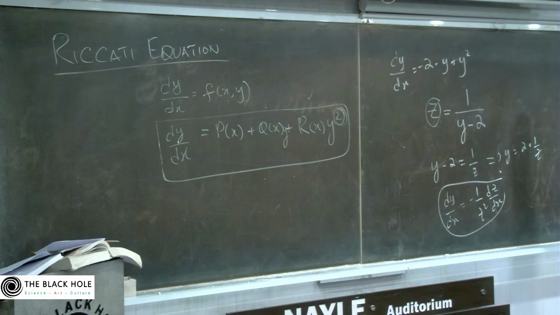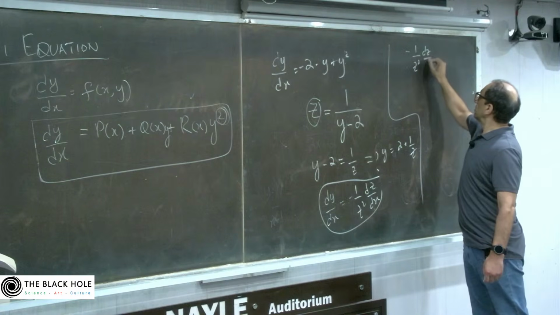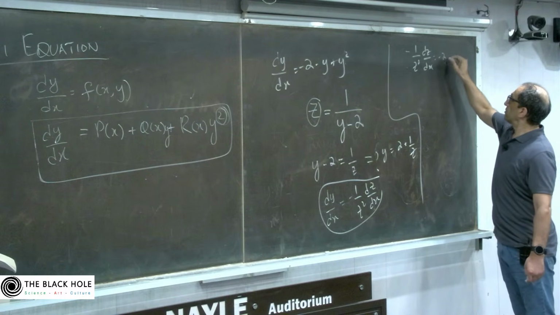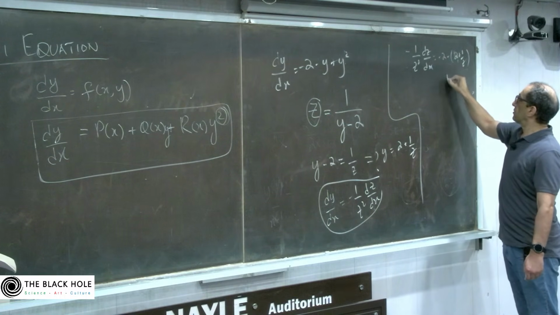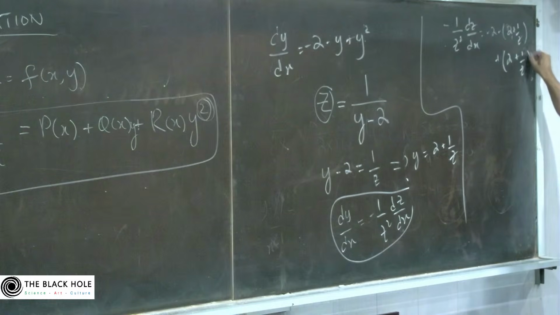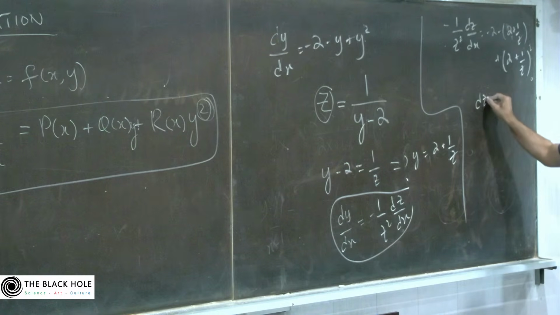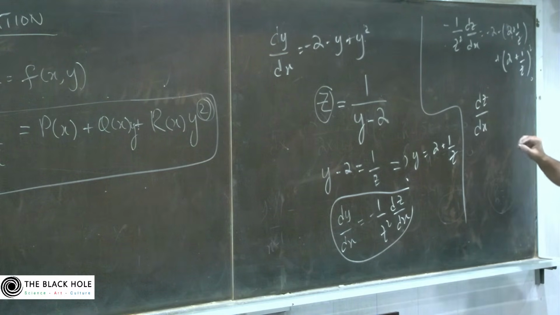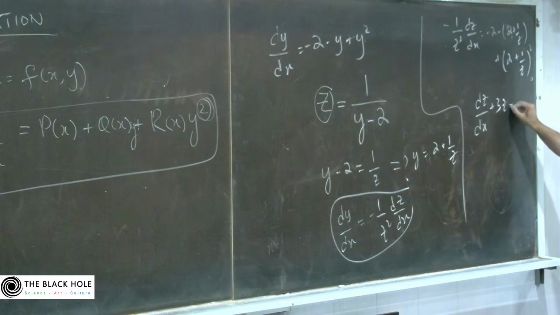So basically what you will have over here is dz over dx equals to minus 3z, so you can write dz by dx plus 3z plus 1 is equal to 0, yeah.